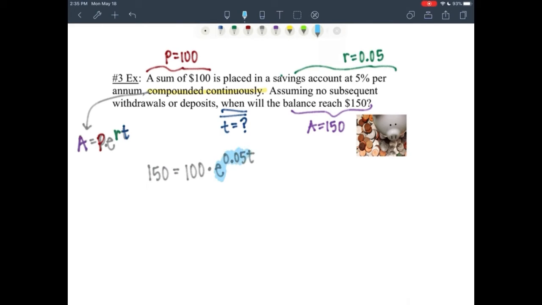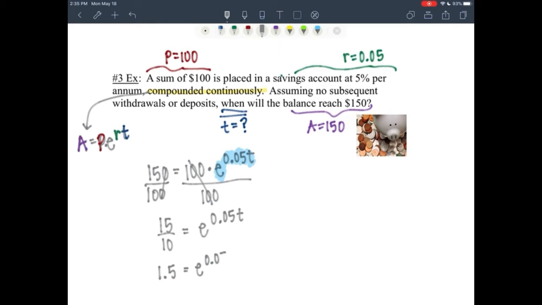My base is E, my exponent is 0.05 T. I'm going to divide both sides by 100. The zeros cancel out, and I have 15 over 10. Now this is one that I may reduce because 15 over 10 is the same thing as 1.5.